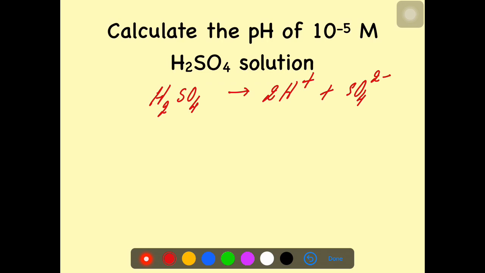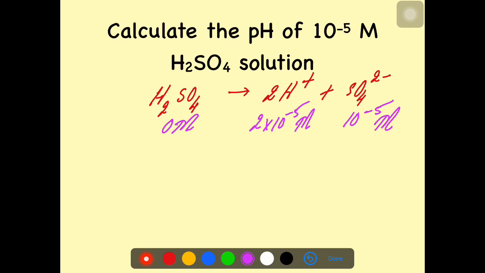So the concentration of H plus ions will be 2 into 10 raised to minus 5 moles per decimeter cube, whereas the concentration of sulfate ions will be 10 raised to minus 5 moles per decimeter cube. And since we are assuming complete dissociation, there will be no sulfuric acid left behind in the solution in an undissociated form.